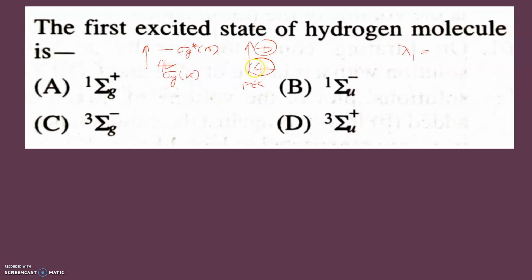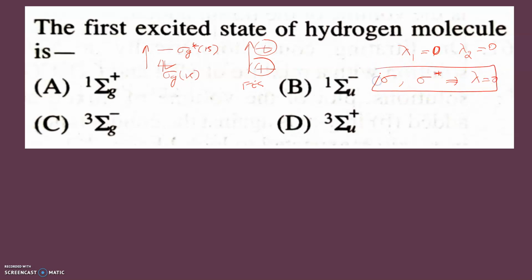Electron 1 is present in sigma orbital, so lambda value is 0 for sigma orbital. Then electron 2 is also present in sigma, but it is antibonding sigma. For sigma as well as for sigma star orbital, lambda value is 0.